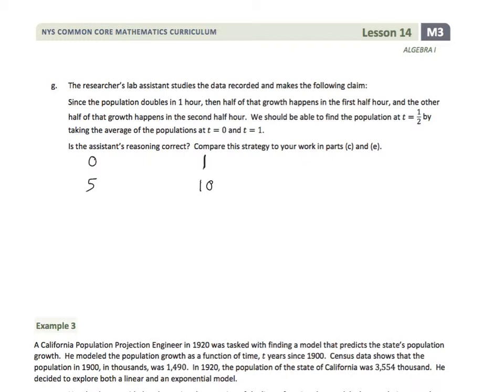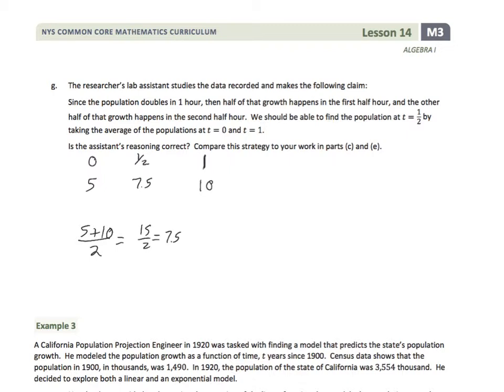So the research assistant is saying that at t equals 1/2, I would have the average of the populations. So that means the average of 5 and 10, so 5 plus 10 divided by 2. That would be 15 divided by 2, which is 7.5. So this is what the researcher is saying.